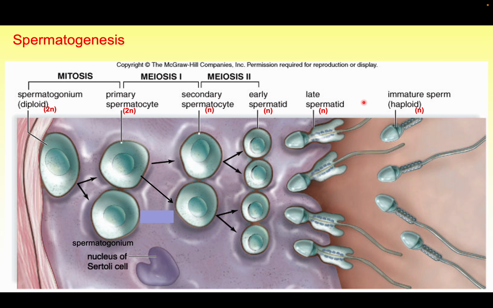So from being a primary spermatocyte, it will now become a secondary spermatocyte, which is already haploid in terms of the chromosomal complement.